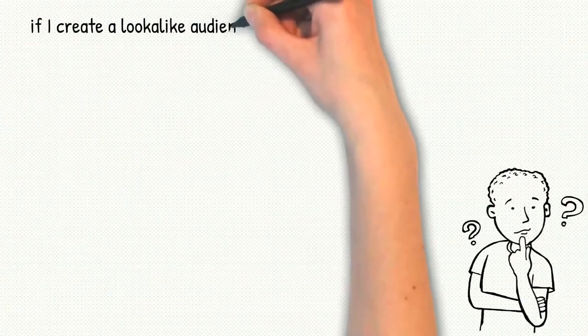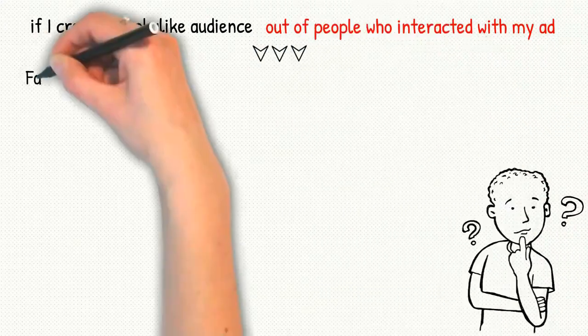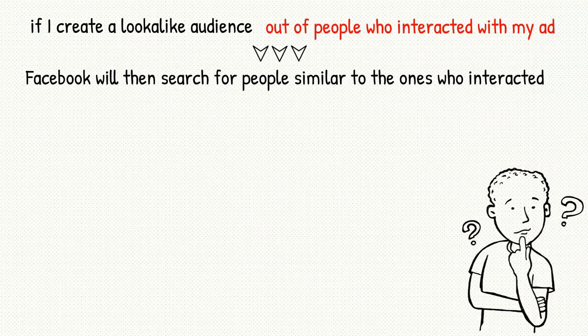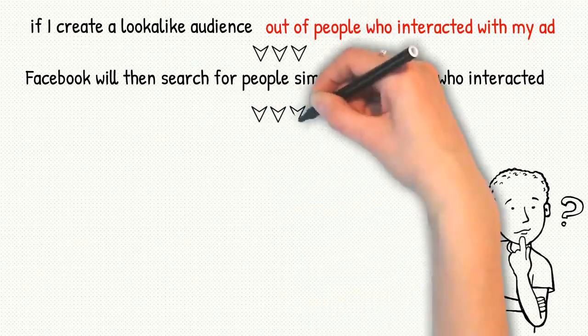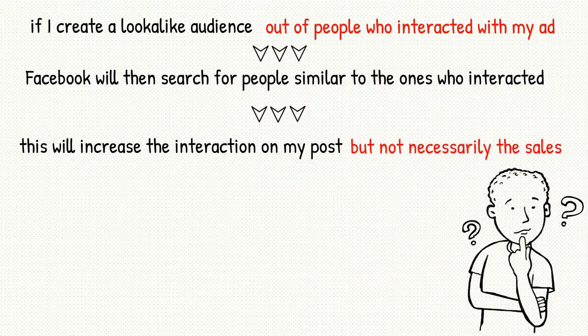Let me give you a small example. If I create a lookalike audience out of people who interacted with my ad, Facebook will then search for people similar to the ones who interacted with my ad. And this will increase the interaction on my post, but not necessarily the sales.